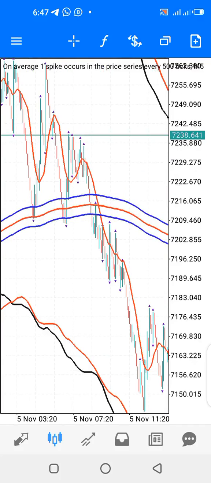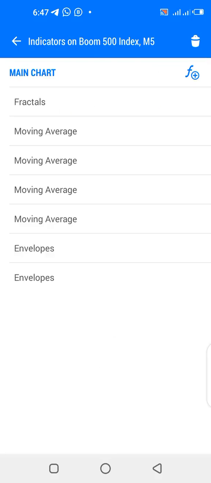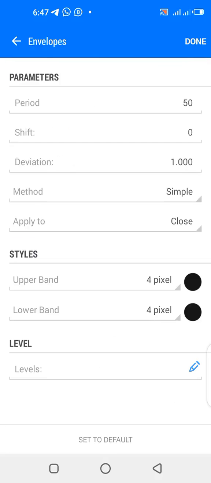Okay, so let's continue with the settings. So I have envelopes, 50 period, shift is 0, deviation is 1.000, method is simple, apply to close, and the upper band is colored black, lower band is colored black.